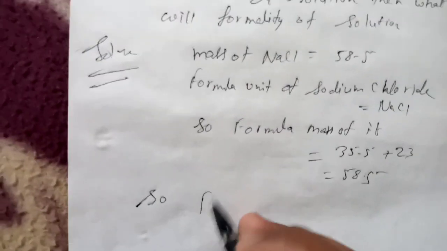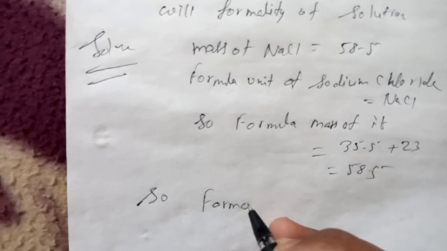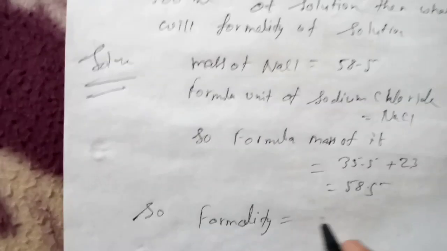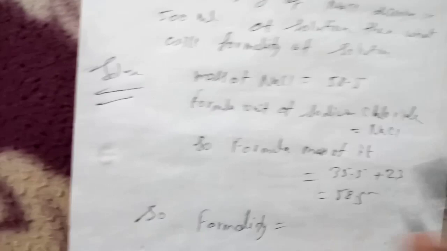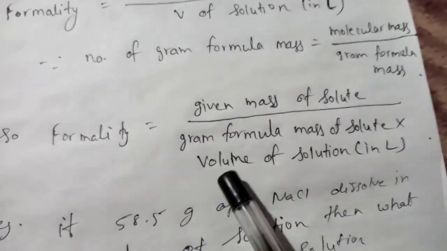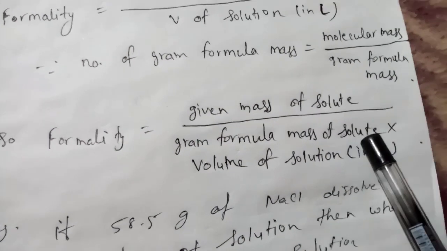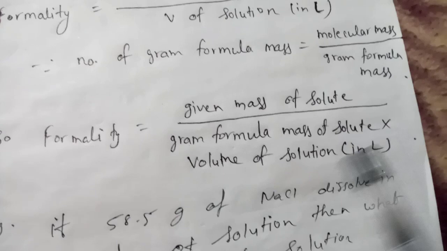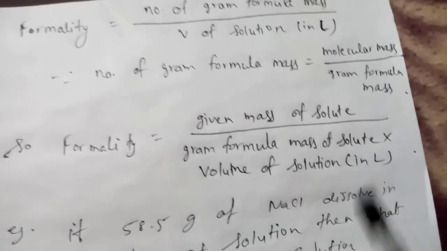So formality is equal to number of gram formula mass of solute divided by gram formula mass of solute into volume of solution.